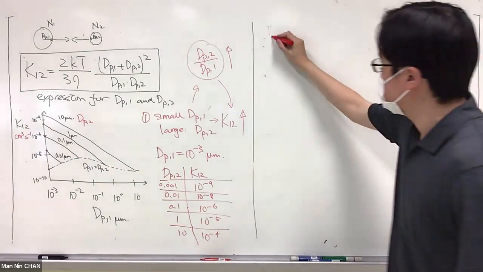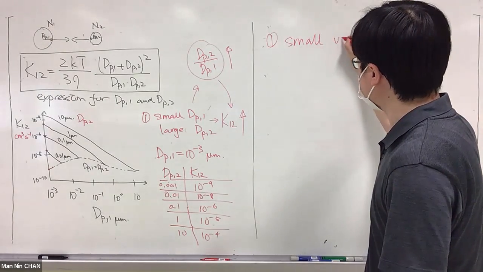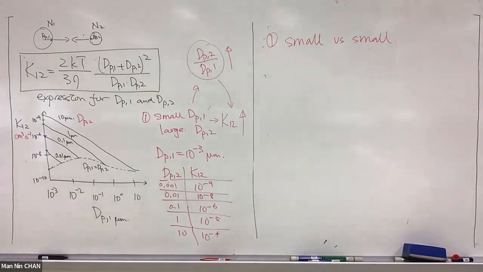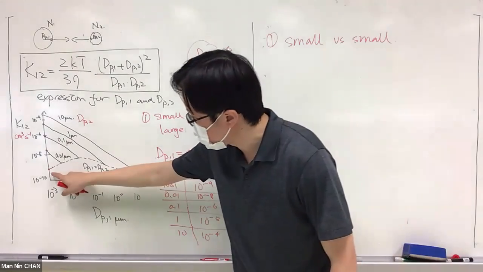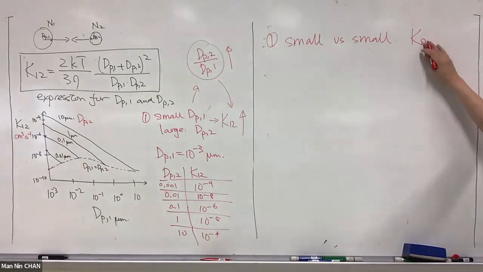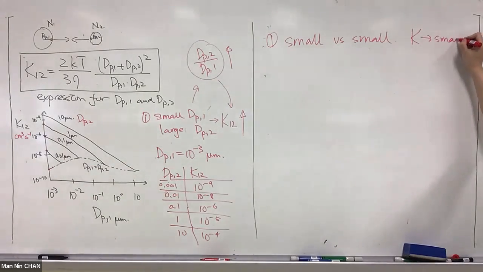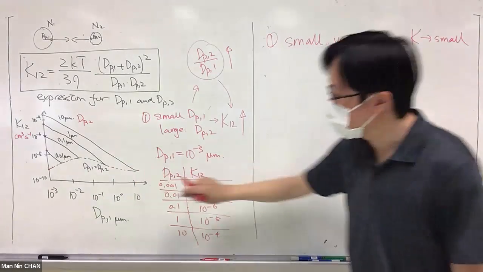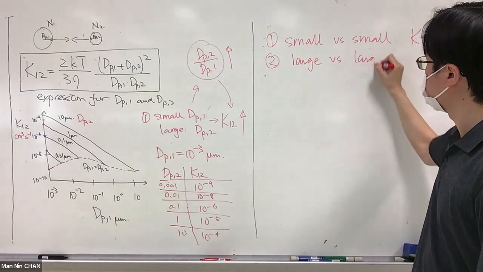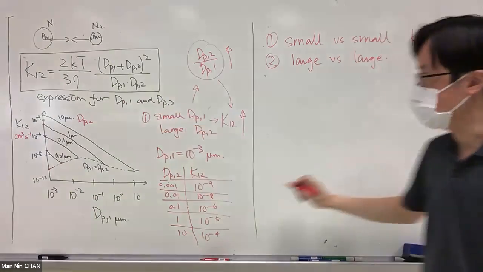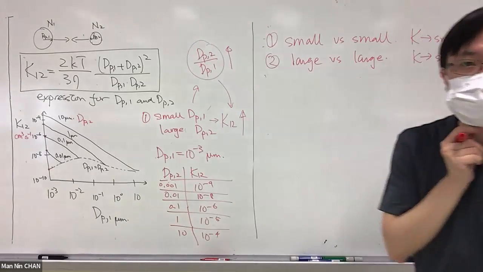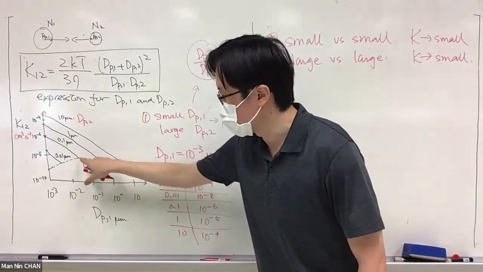One thing I want to highlight is that if you have two small particles, their coagulation coefficient is small. On the other hand, if you have two large particles, their K value is also small. And it is somehow in between, so you have a larger value.